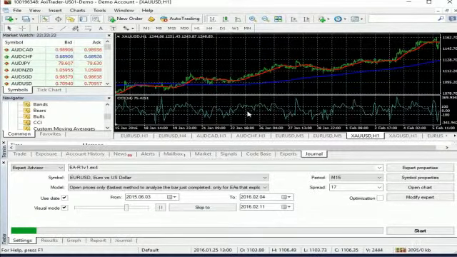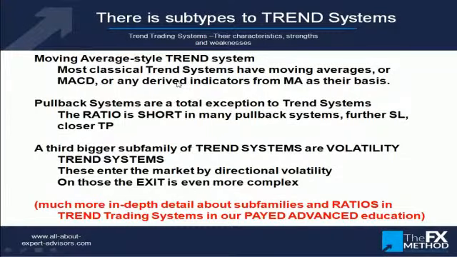But I don't want to get too technical today. I just want to tell you that all of these transformations of moving averages belong to the same big family of moving average style trend systems, and they are fine. Only the entries are very delayed.